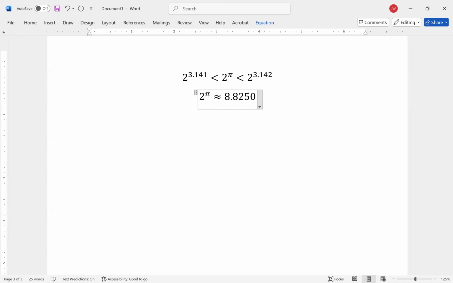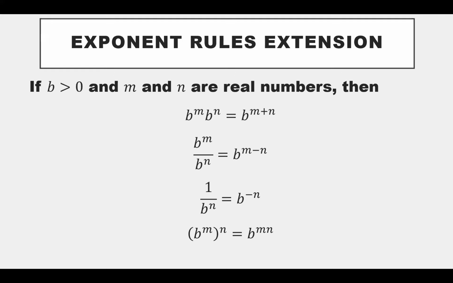So in this way, we can take any exponents that we want, not just rational exponents, but now I can deal with even irrational exponents. And that allows me to extend these exponent rules to any real numbers. As long as my base is positive, then I can extend these exponent rules to any real numbers.